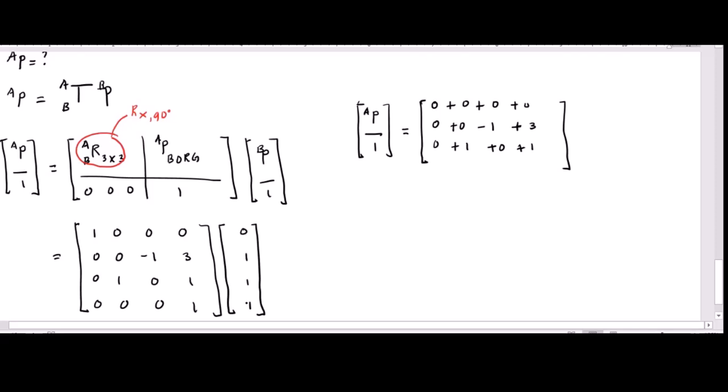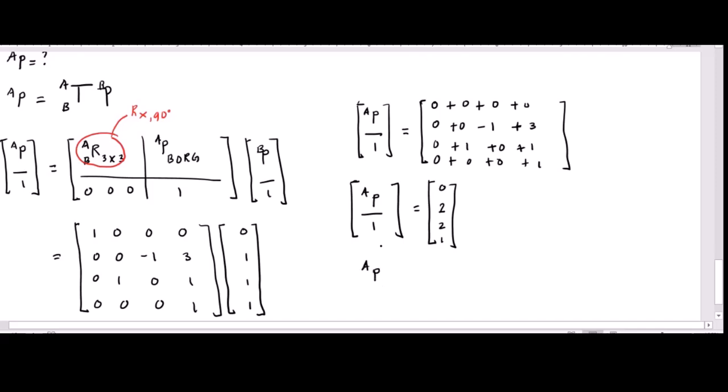Then lastly, this one, all 0. 0 plus 0 plus 0. And we have left 1 times 1, that is 1. So the final answer, P to A over 1 is equal to 0, 2, 2, and 1. That's the answer using 4 by 4.